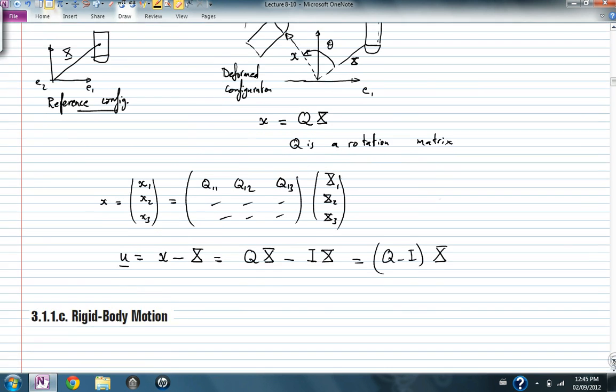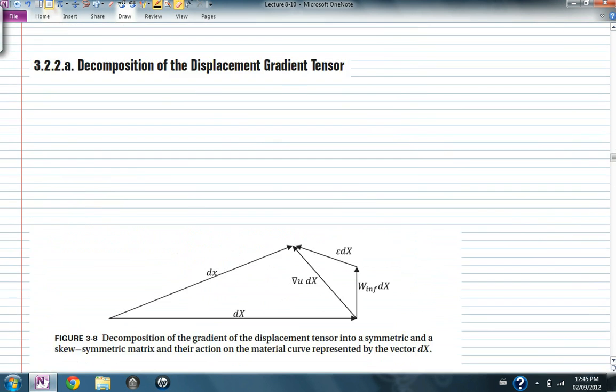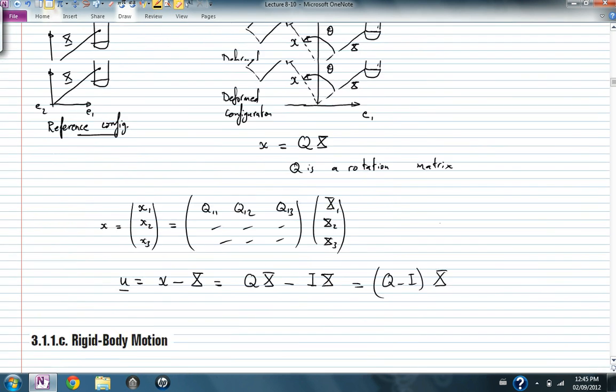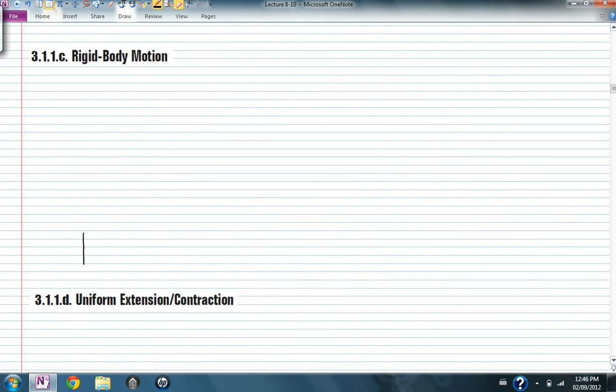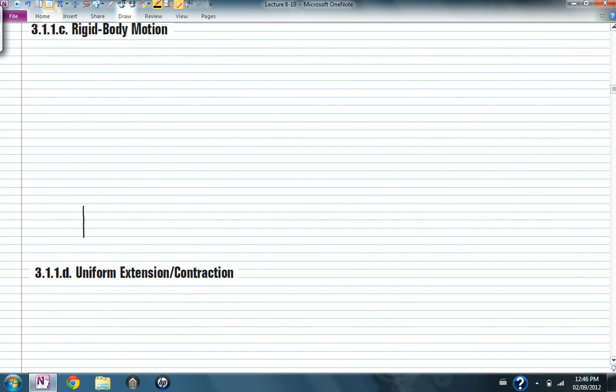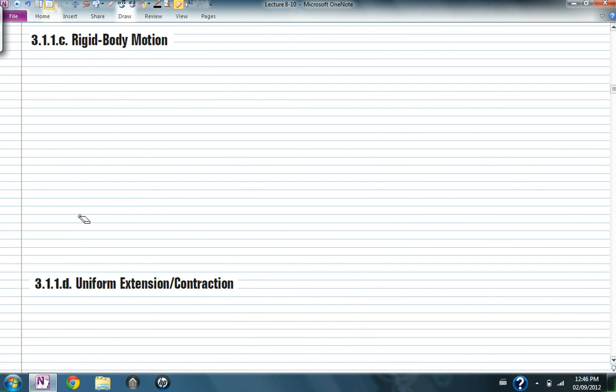The next type of displacement is the rigid body motion. The rigid body motion is described by the combination of both rigid body displacement and rigid body rotation.